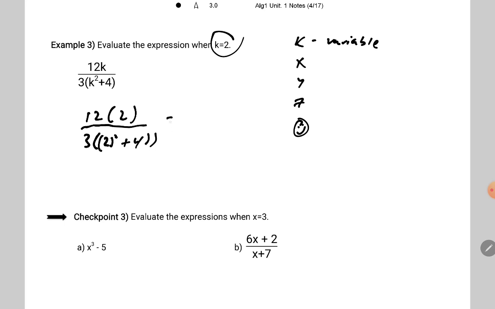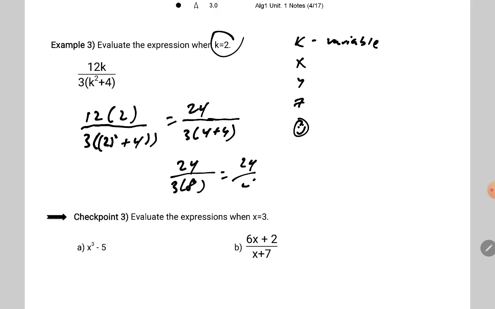So this will become 12 times 2 up top is 24. On the bottom, we have parentheses 3 times 4 plus 4. 24 over 3 times 8, which is 24 over 24, which equals 1.